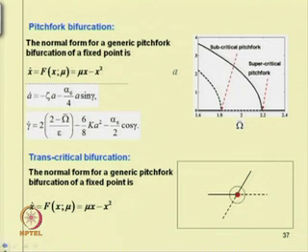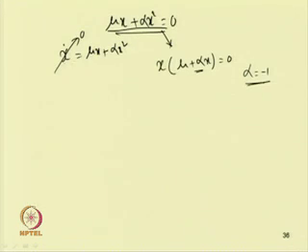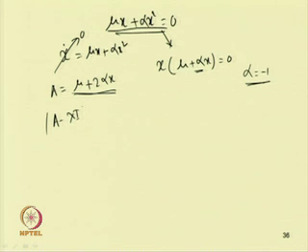In this case, to obtain the Jacobian matrix, we will find del f by del x, as it is one dimensional, so we will have only one term. This becomes mu plus 2 alpha x. As it is A minus lambda I, the determinant of A minus lambda I equal to 0.